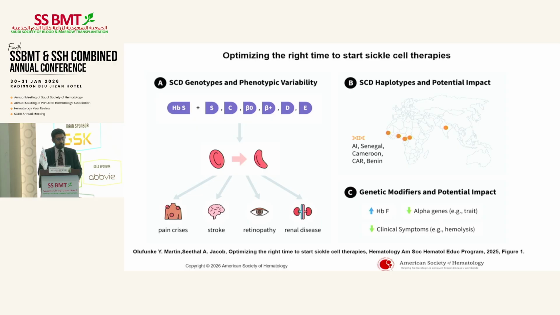Some patients get pain, some patients get stroke, some patients get retinopathy, some patients get renal disease, based on their genetics and many factors, including the alpha gene mutations.